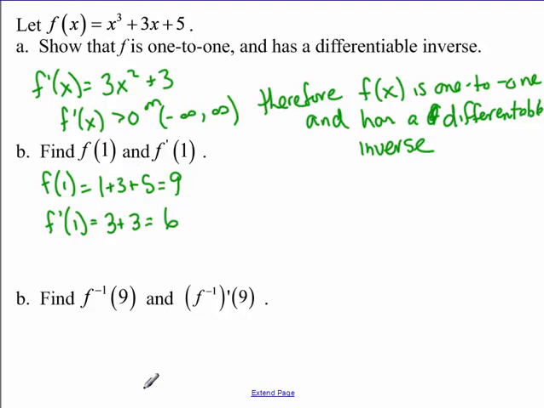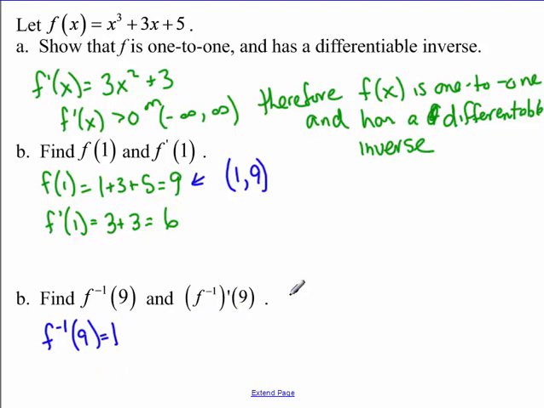So now remember, with this point up here, I'm giving us the point of x is 1, y is 9. So now in my inverse, x's and y's switch. So if my x in my inverse, which is y in my original, is 9, then I go to the x value of the original to get f inverse of 9 is equal to 1.